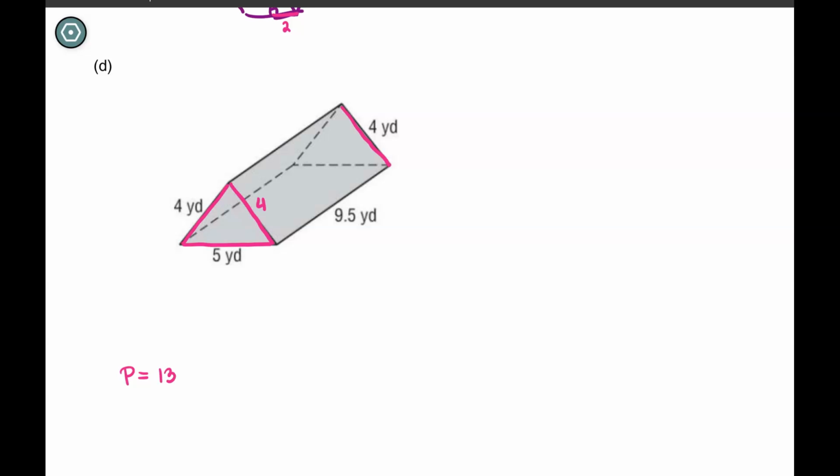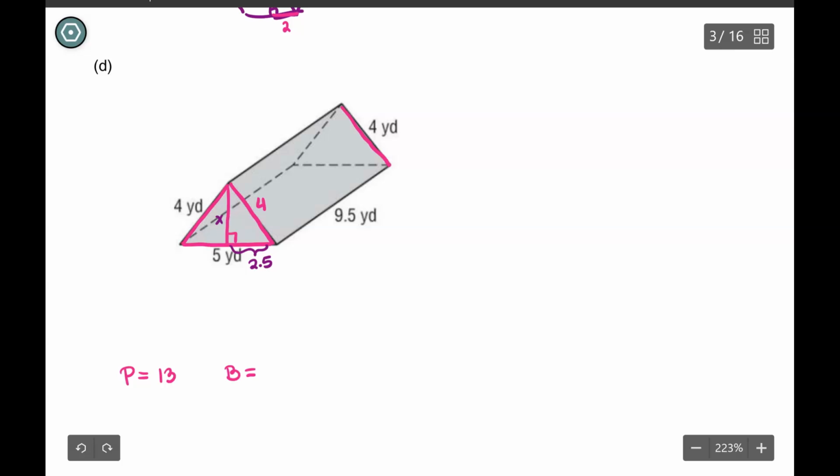For the area of the base, since it's not a regular polygon, we're going to have to do just base times height divided by 2. So here, I'm going to draw this. That makes this 2.5, and we want to find that measure, so we'll use Pythagorean theorem.